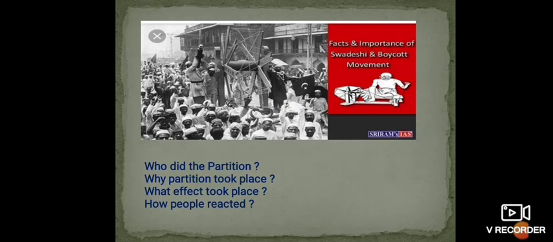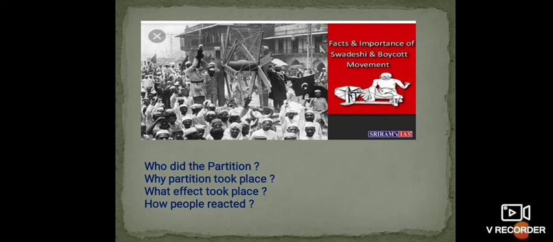So the partition took place on two main motives. One is religion. Western Bengal consisted of a Hindu majority and Eastern Bengal consisted of a Muslim majority, and that is how the partition took place, mainly because of religion.